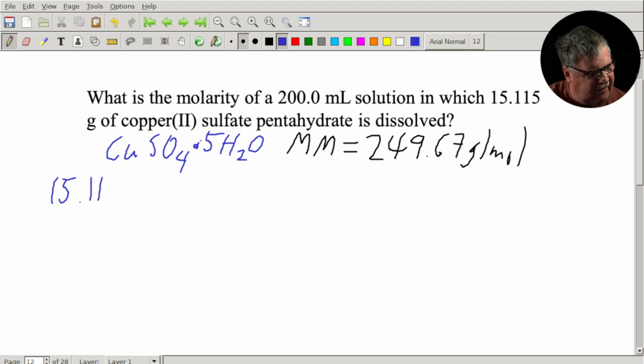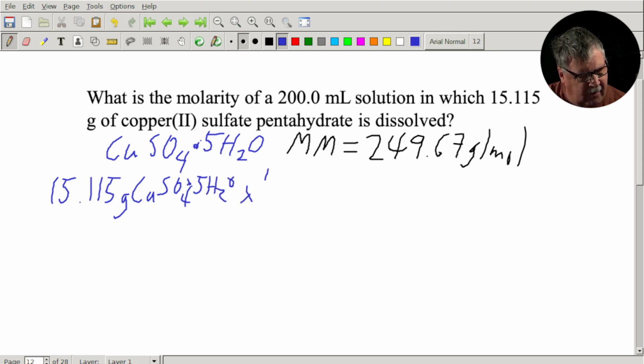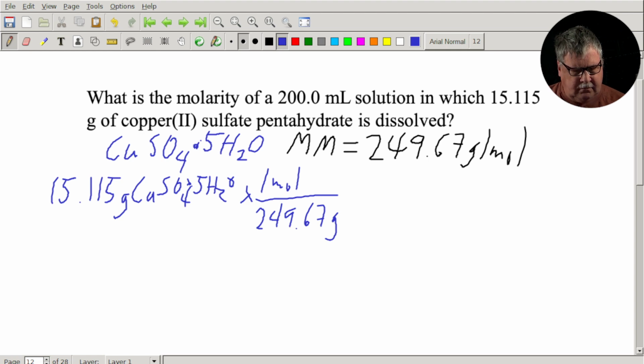So that means in this case, we're going to take 15.115 grams of our CuSO4.5H2O, and we're going to divide that by the molar mass. All right. Now, that's going to give us number of moles.